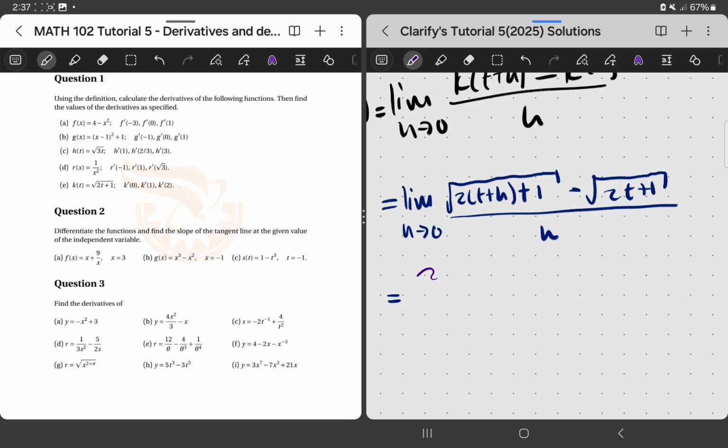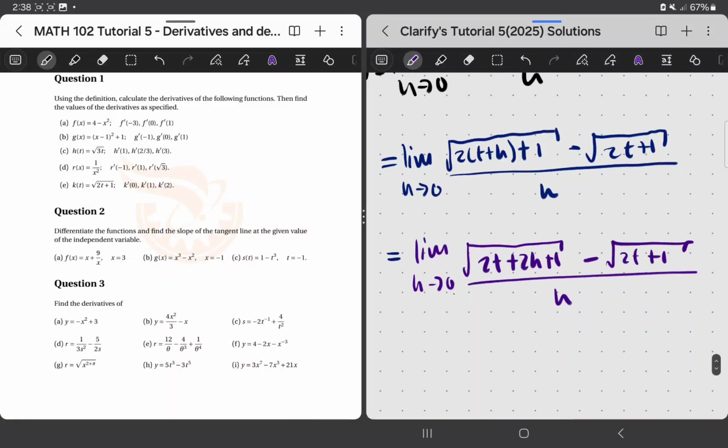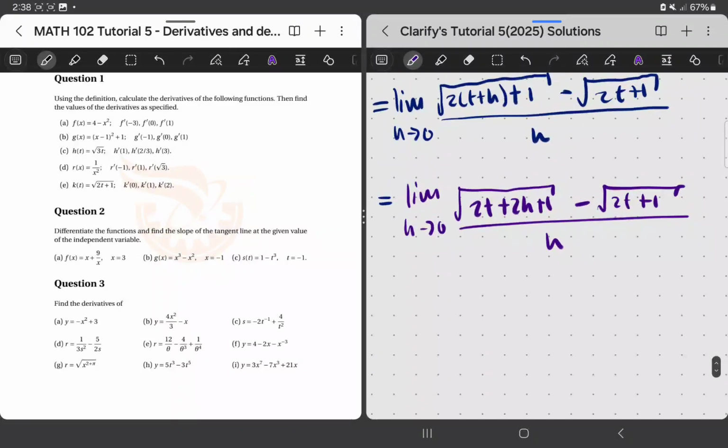So we can say that it's going to be the limit as h goes to 0 of the square root of 2t plus 2h plus 1 minus the square root of 2t plus 1, all over h. Because we can't substitute h, the only way is to multiply by the conjugate.